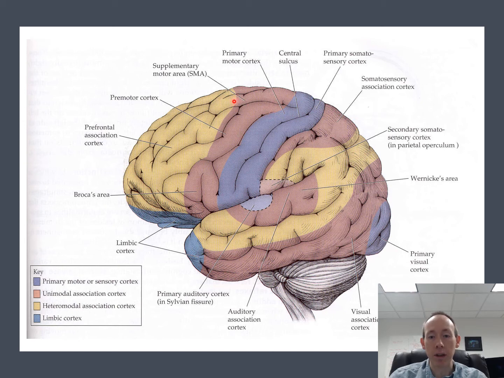And then same thing with motor, just in front of motor cortex, we have this area of the cortex that is primarily involved in just motor functions. It is more complex than that. And then as we spread out from there, we get into heteromodal association cortex.